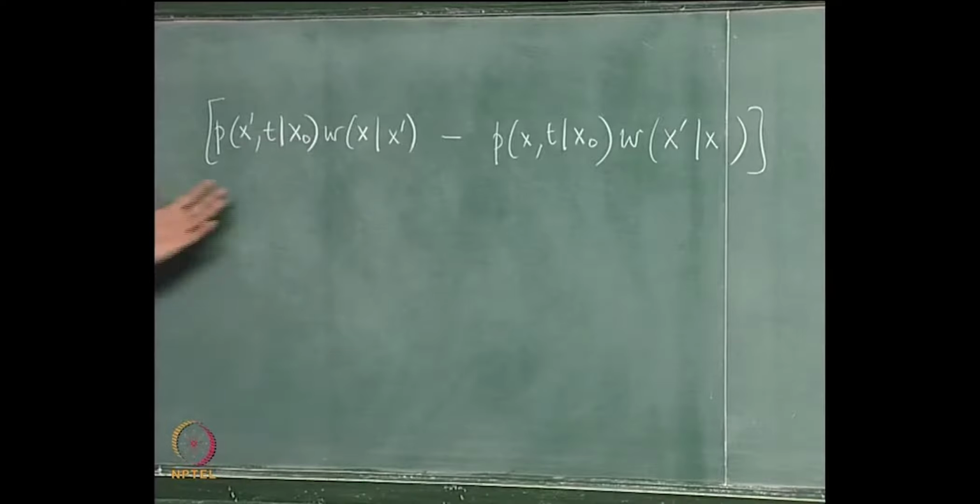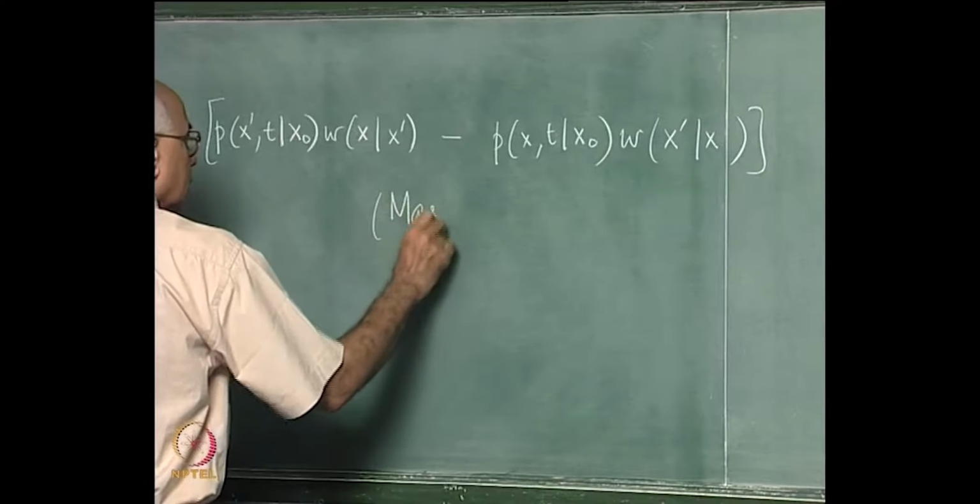And this was like a gain term and that was like a loss term, and this is what the master equation read, and this thing is called the master equation.